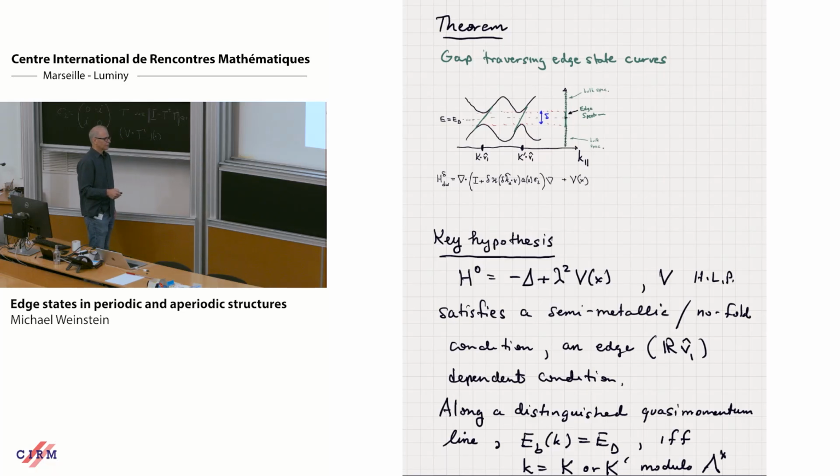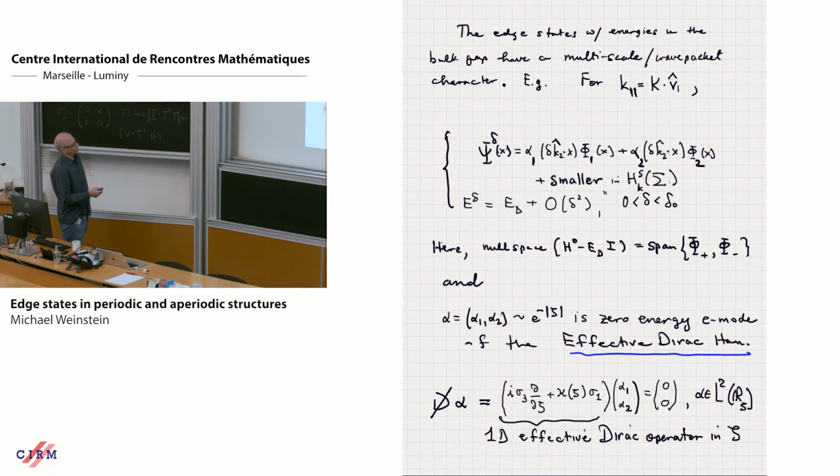It says that along a distinguished quasi-momentum line, which depends on the direction of the defect, the bands can touch the Dirac energy E_D only at the high symmetry quasi-momenta, K or K prime, modulo the dual lattice. Basically, this condition ensures that a small symmetry breaking perturbation opens an appropriate spectral gap, to allow for these exponentially localized states.